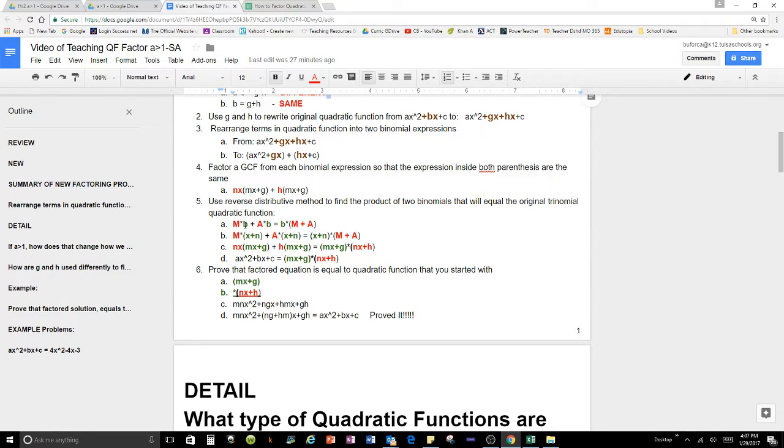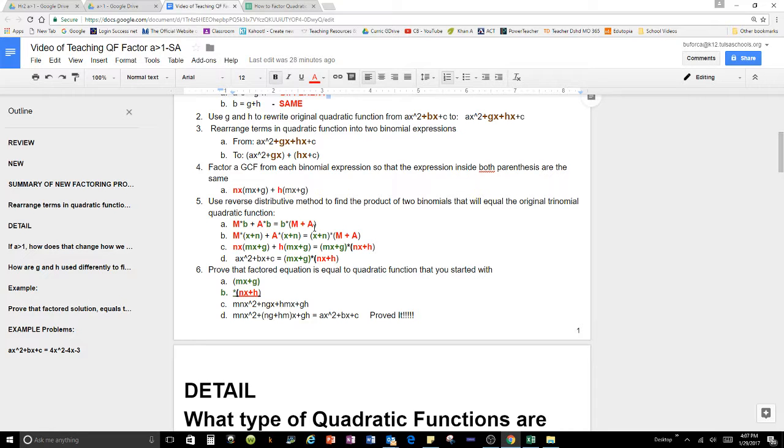This is called the reverse distributive process, because we start with b being distributed to m and b being distributed to a. And here what we do is we pull b out of a, we pull b out of m, and put parentheses around m and a and say b is multiplied times m and a.